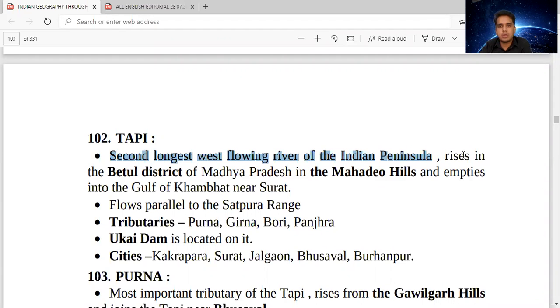The Tapi rises in the Betul district of Madhya Pradesh, in the Mahadev Hills, and empties into the Gulf of Khambat near Surat. This Gulf of Khambat is also very important.